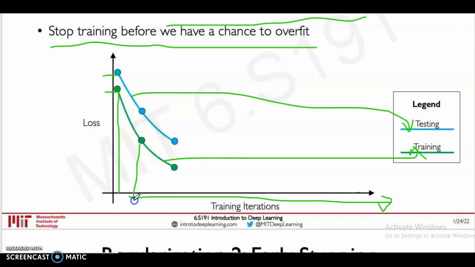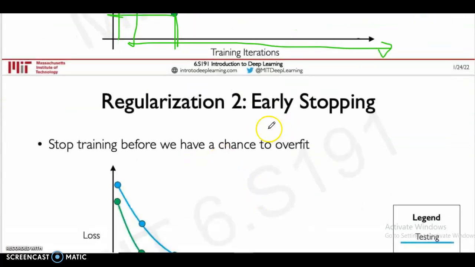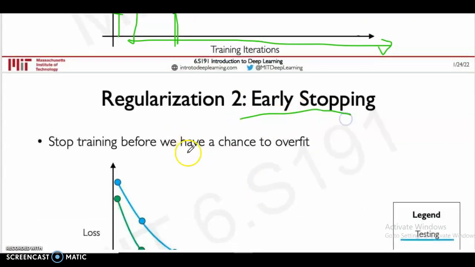As we increase the training iterations, the loss becomes less, here also less. Early stopping is the same concept.